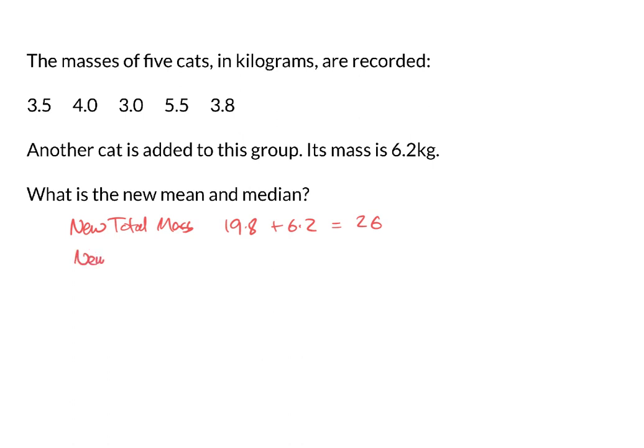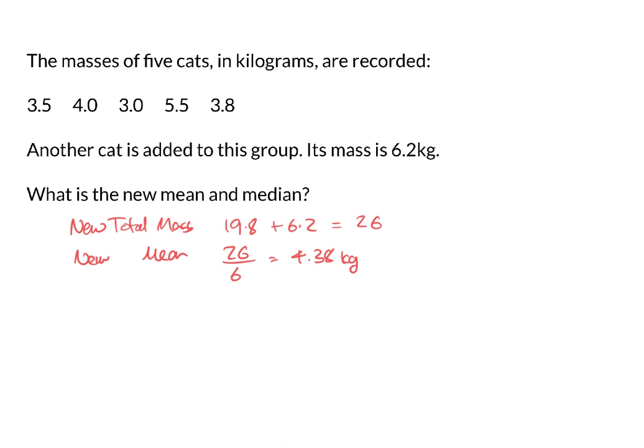So my new mean is going to be my 26 divided by 6, because I have 6 cats now. That gives me an answer of 4.38 kilograms. Clearly larger than before because this cat is quite a heavy one. It's 6.2 kilograms, so it's going to bring the mean up.